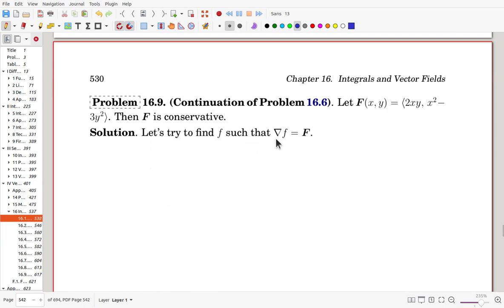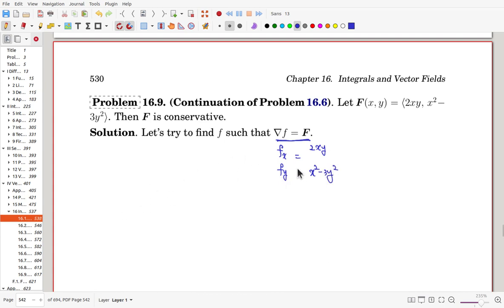Here, if we start with this equation, then this one is the first component f sub x, the second component is f sub y, right? And then on the right side, the first component is 2xy, and the second component is x squared minus 3y squared, right?